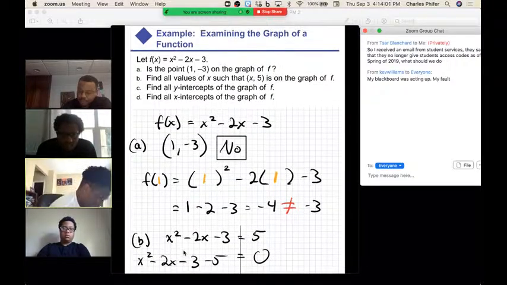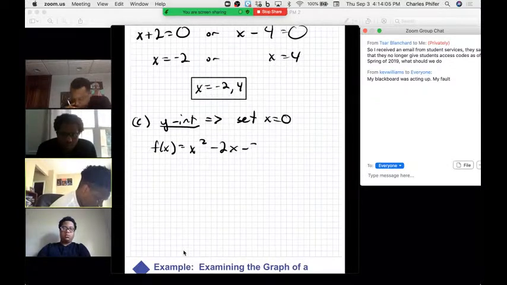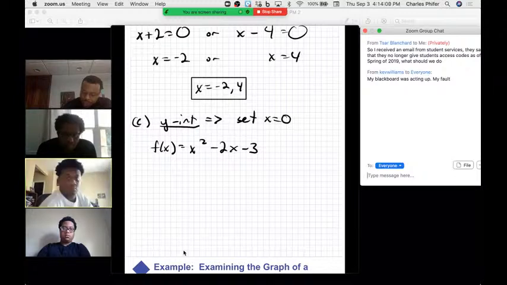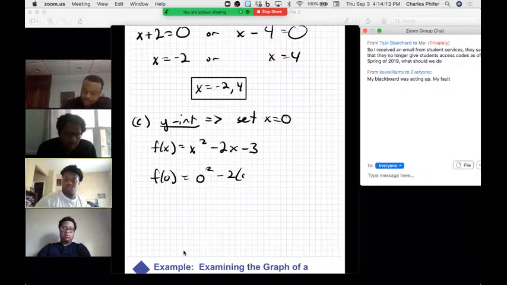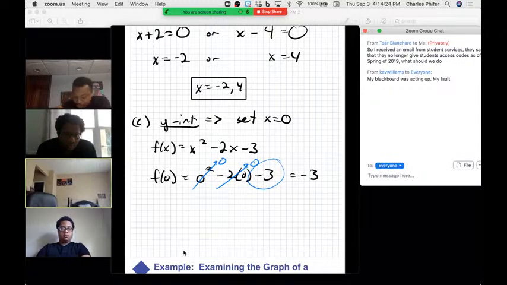X squared minus 2x minus 3. Okay, so if we set x to 0, that means we're going to do f of 0. We're going to have 0 squared minus 2 times 0 minus 3. Notice this goes to 0, this goes to 0. This is our answer. Okay. So then the y-intercept is going to be 0, -3.